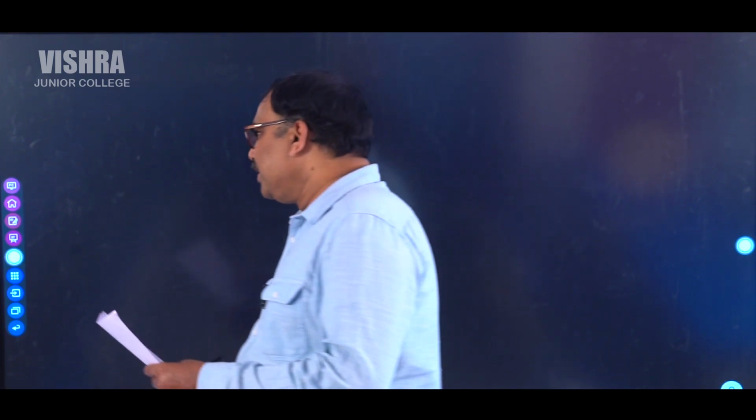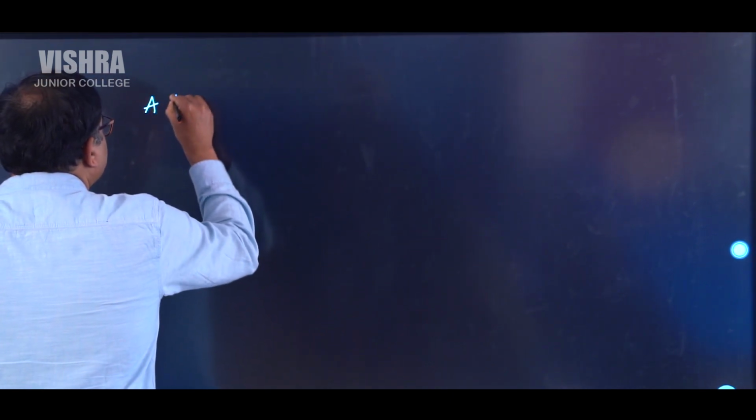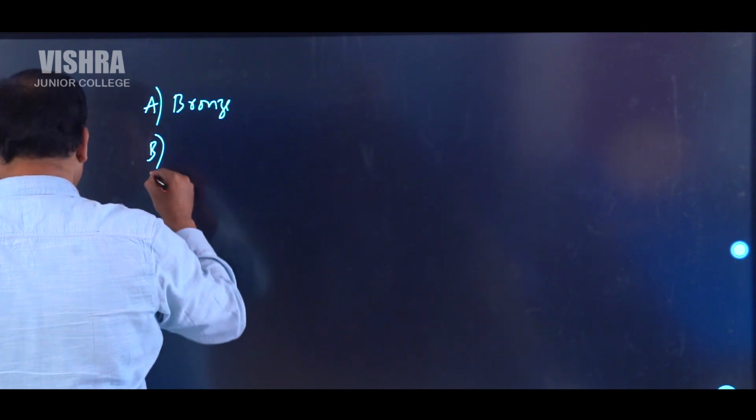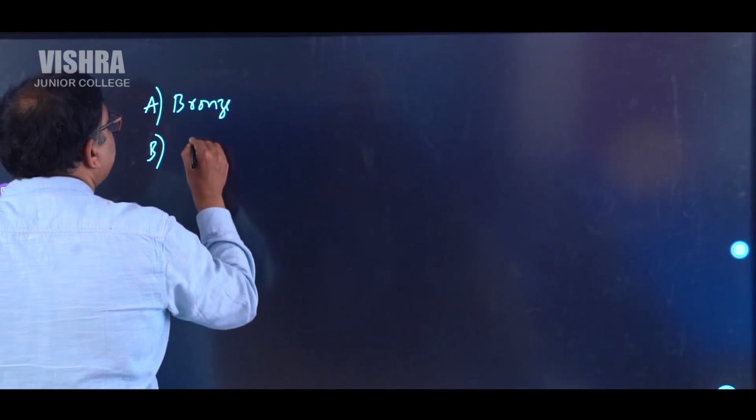Three are over. Fourth question. There are some alloys given, and we have to remember the alloys and match the composition. So let us see the alloys. First one, A is bronze. B is stainless steel.